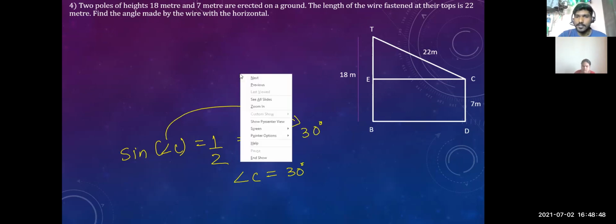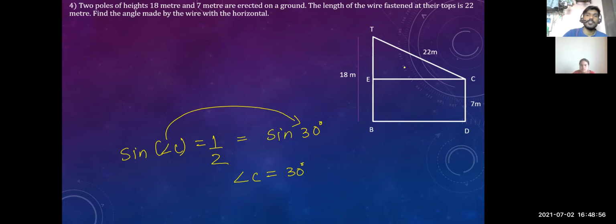Did you understand this? I'll show you the proper solution now. How did you get 1 upon 2? Sine ratio. What is sine ratio? See, TE was 11, and we had to find out this angle. To find this angle, we had to use a sine ratio that gives opposite and hypotenuse, because these two values are known.